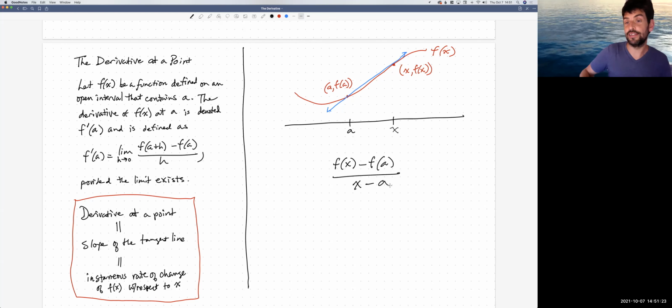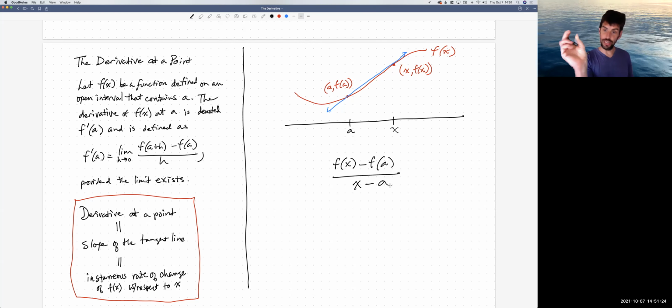And if we want to then shrink the difference between them, remember with this first definition, h represented the difference between them. So to shrink the difference between a and a plus h, we just let h go to 0. Instead, we're just going to let x go to a. And this is just an alternative notation for the derivative, okay?